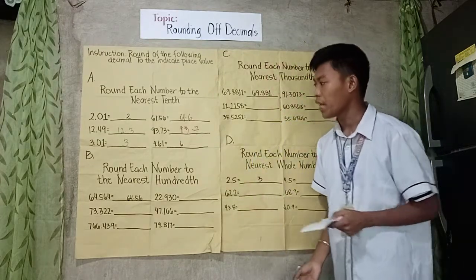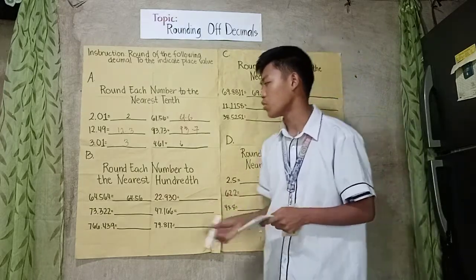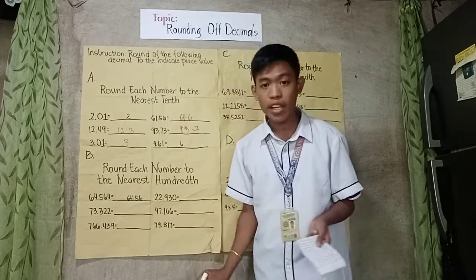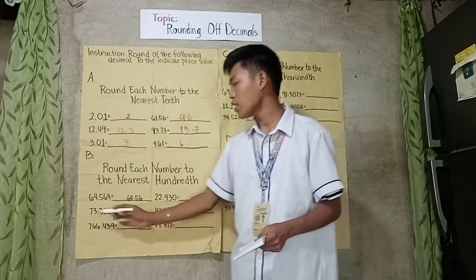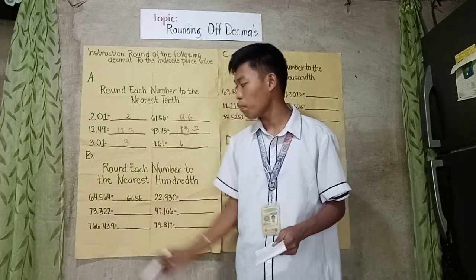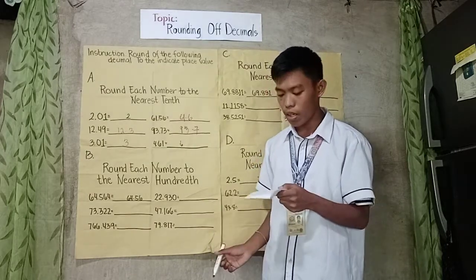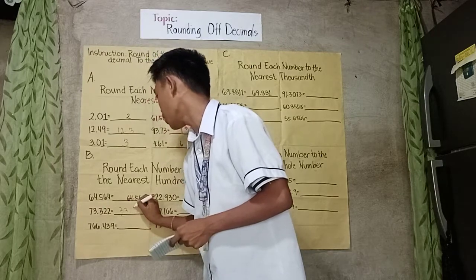So for letter B, as I've said earlier, you are to round each number to the nearest hundred. So 64.564, we have the answer already. It will become 64.56. Next is 73.322. If rounded off to the nearest hundreds, it will become 73.32.